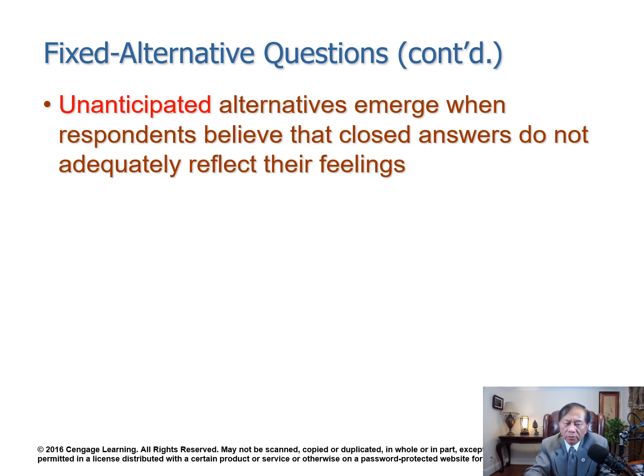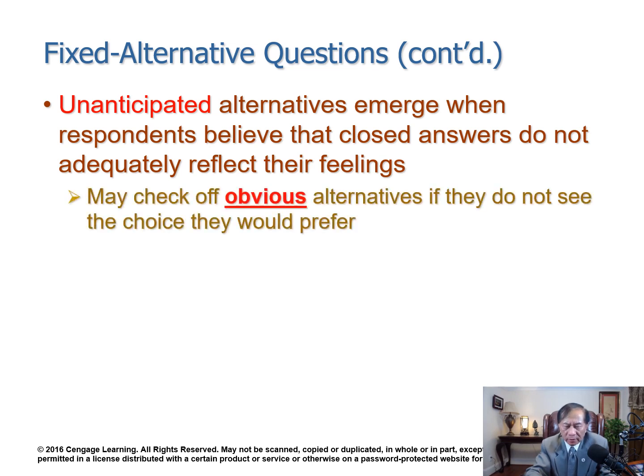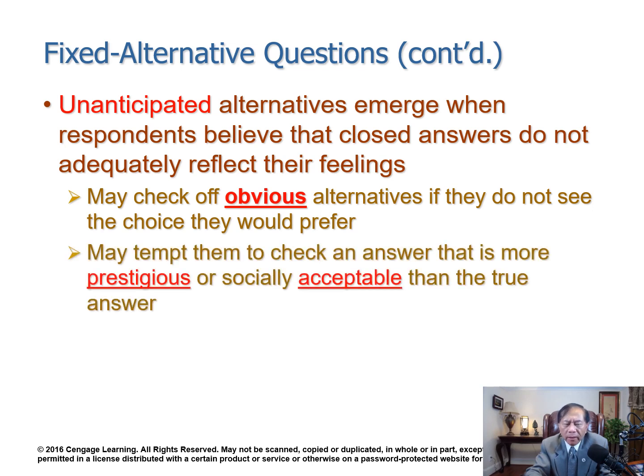Then that's not good. Okay, they may check off obvious alternatives if they do not see the choice they would prefer. Okay, they may be tempted to check an answer that is more prestigious or socially acceptable than the true answer.